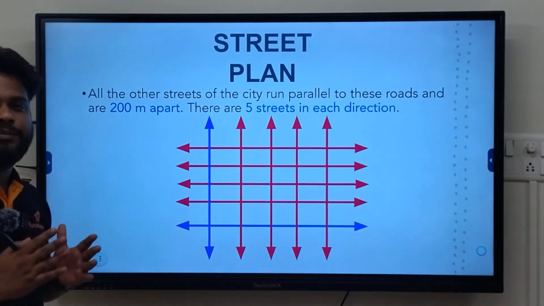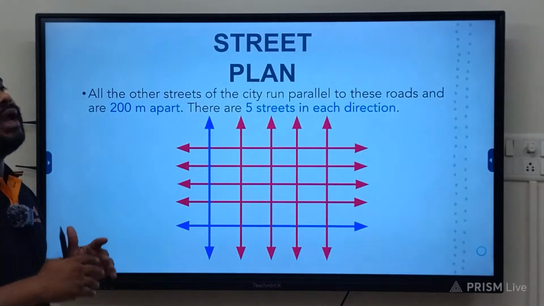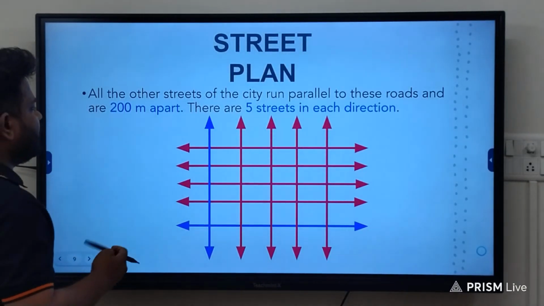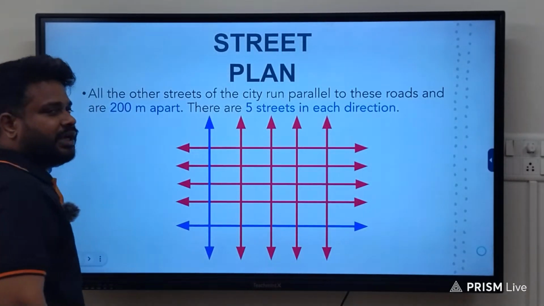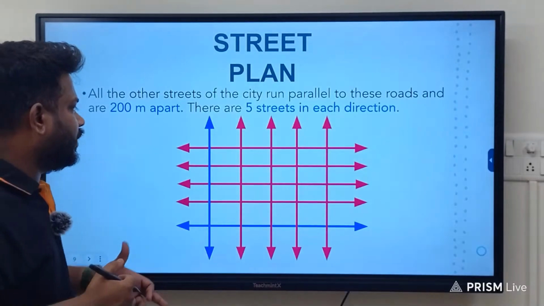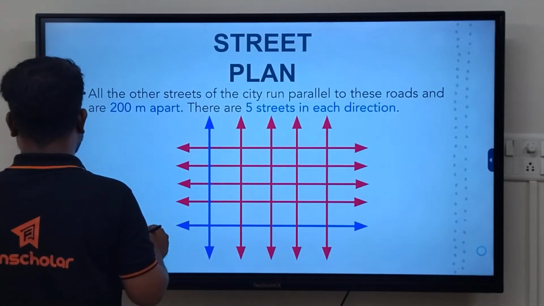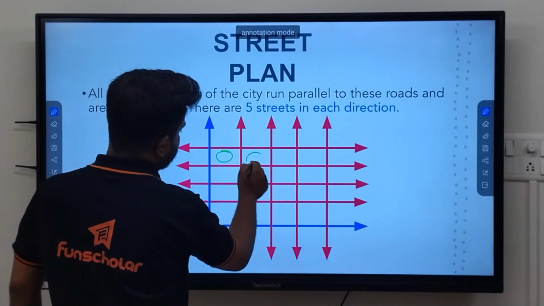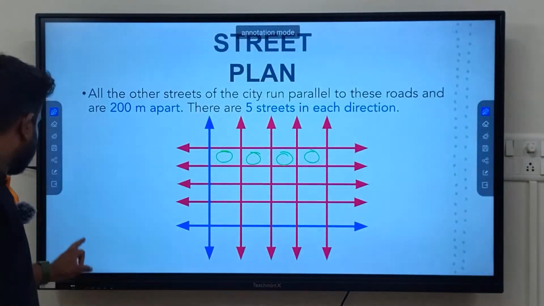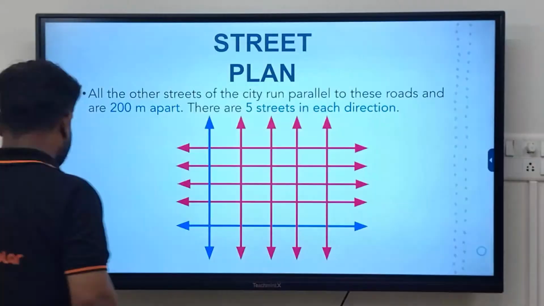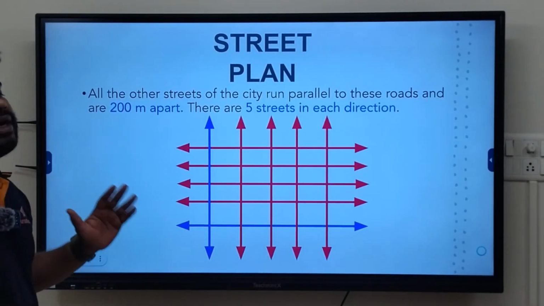So this is the city planning that we actually see in Google Maps or any kind of maps. These are the city plans where the roads connect to each other and go parallel to it, and in these places usually buildings or residential plots are made, right? So let's go to the next. And why are we studying this?